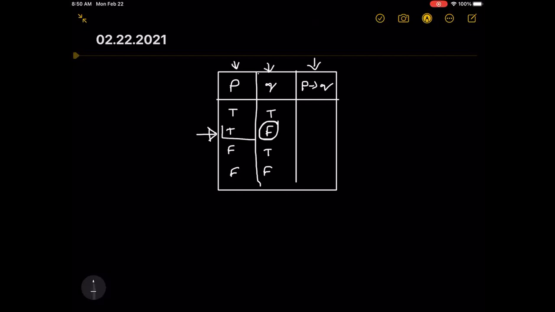Only in that case, we'll write an F. Other than that, it will be true. So you just need to remember, in the truth table, P implies Q will be false if and only if the antecedent is true but the consequent is false. Only in that case. Other than that, we'll have truth always. Okay?